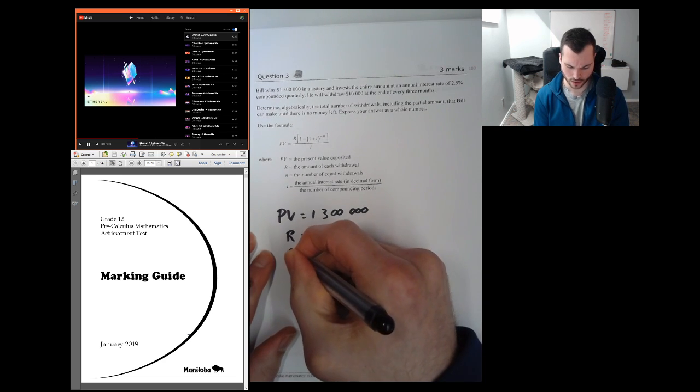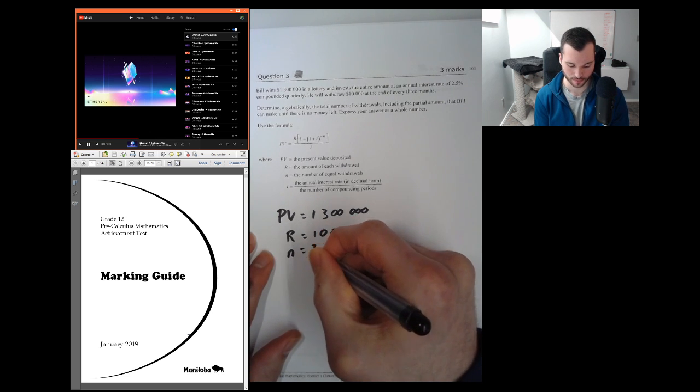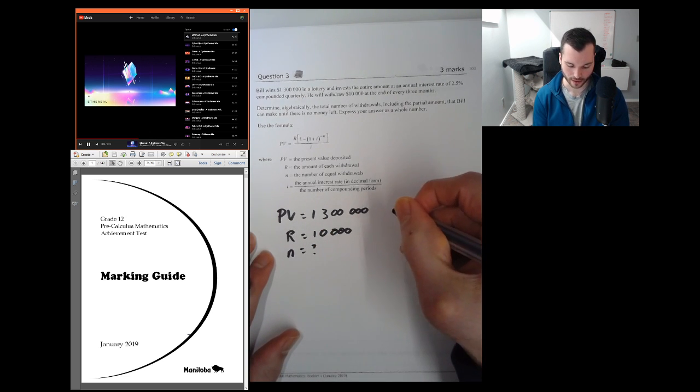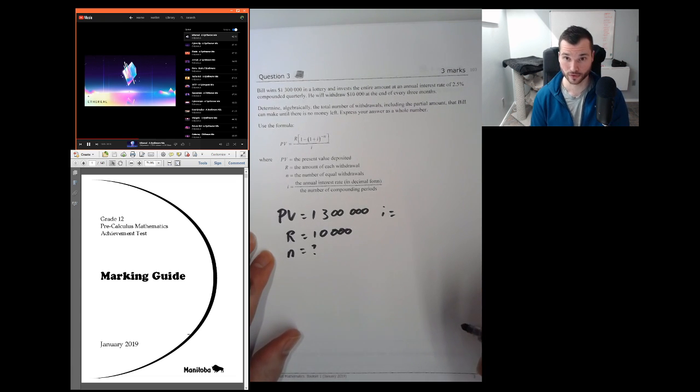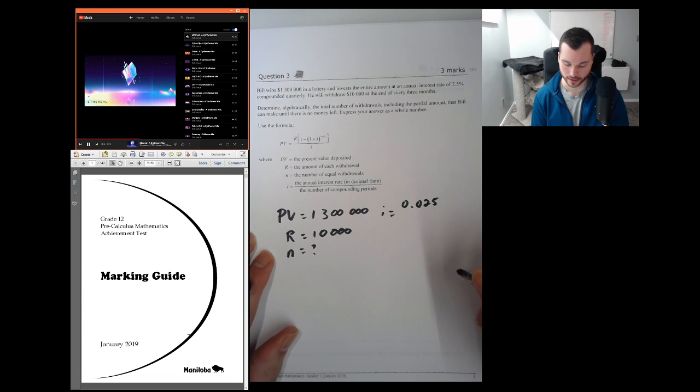We don't know how many times he's going to be able to do this, so our little n is a question mark. And then we have our little i, the annual interest rate in decimal form. 2.5% as a decimal is 0.025. You can just divide that number by 100 and you get that.